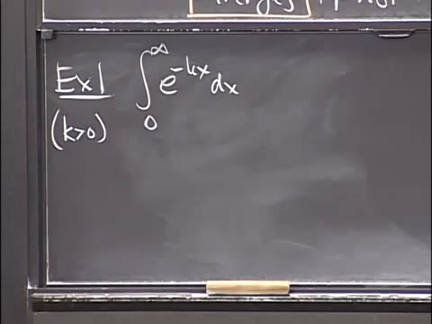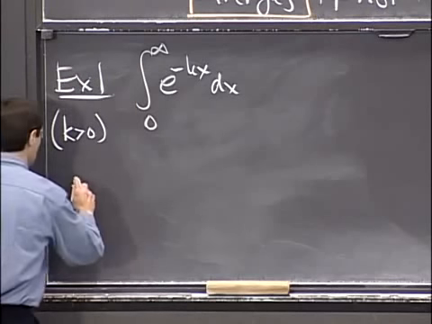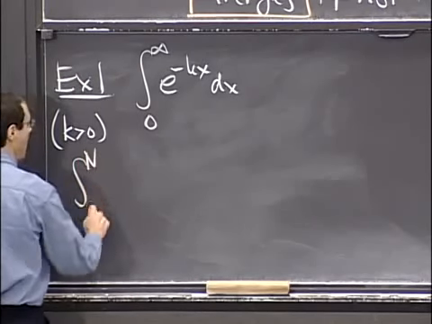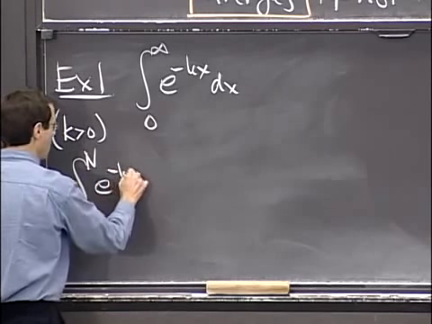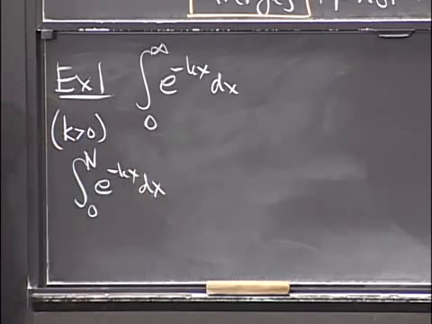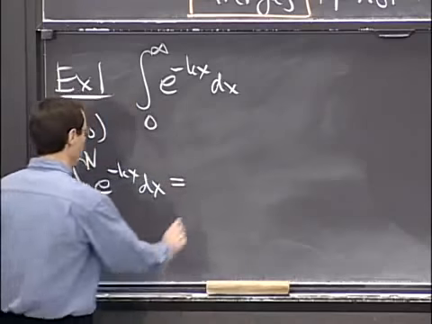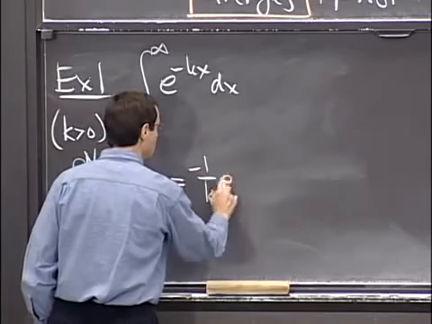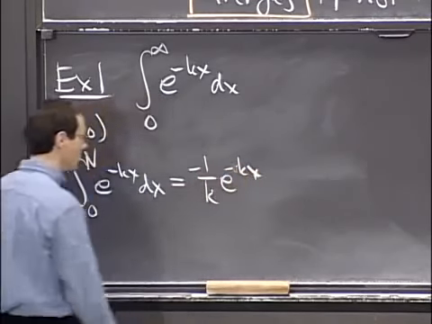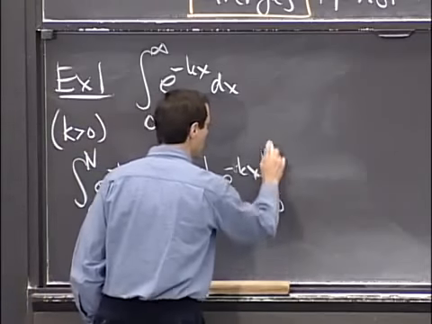Now, in order to handle this, the thing that I need to do is to check the integral from 0 up to n, e to the minus kx dx. And since this is an easy integral to evaluate, we're going to do it. It's minus 1 over k e to the minus kx, that's the antiderivative, evaluated at 0 and n.